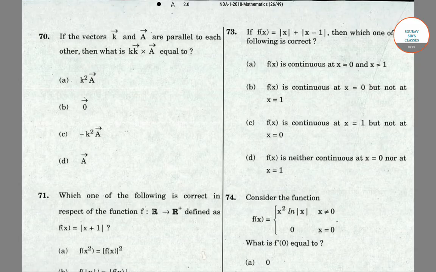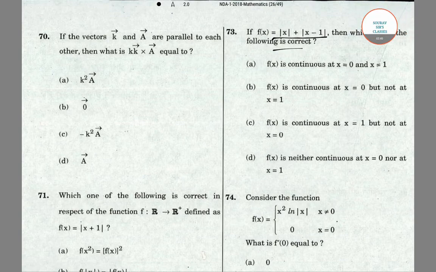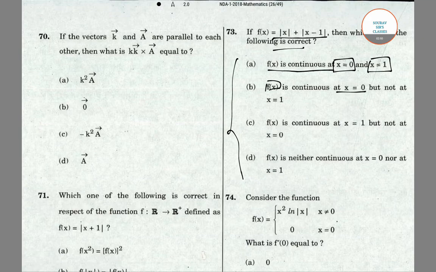In the next question it is given: if f(x) = |x| + |x − 1|, then which one of the following is correct? Four options are given, as you can see. f(x) is continuous at x = 0 and x = 1. f(x) is continuous at x = 0 but not at x = 1. f(x) is continuous at x = 1 but not at x = 0.